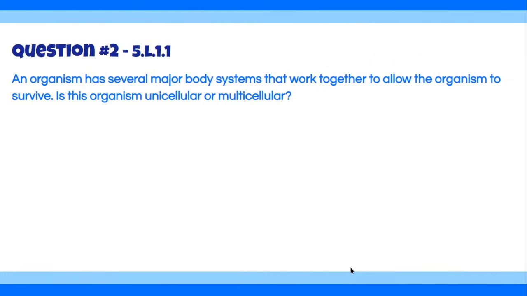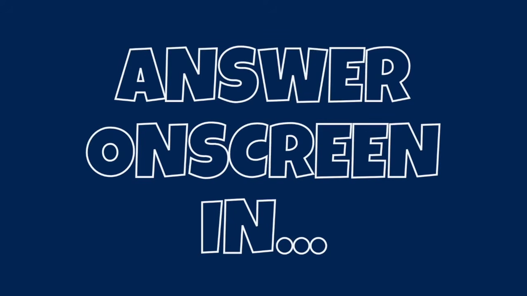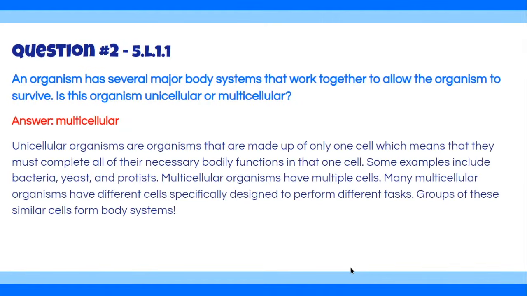Moving on to question number 2. An organism has several major body systems that work together to allow the organism to survive. Is this organism unicellular or multicellular? The answer is multicellular.